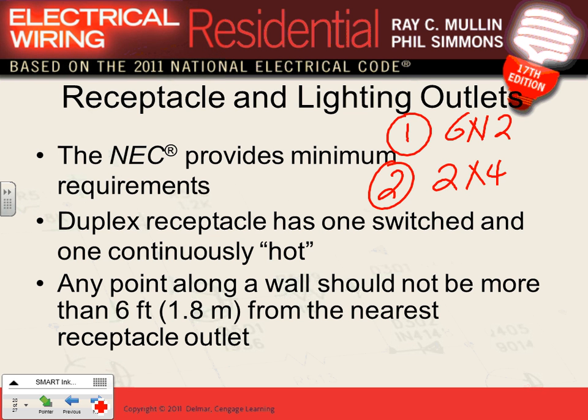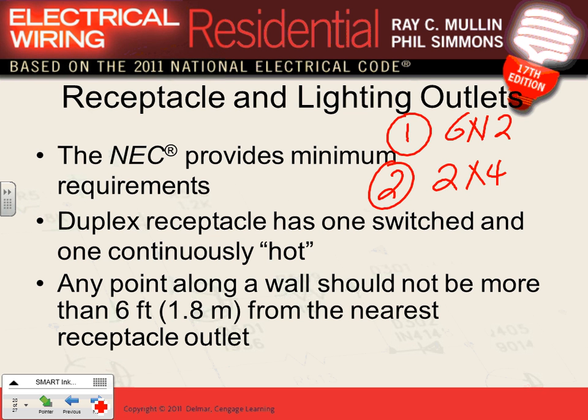6 by 12 applies to every habitable room, defined as bedrooms, living rooms, kitchens, playrooms, and dining rooms. All these habitable rooms, you apply the 6 by 12 rule. What is it?